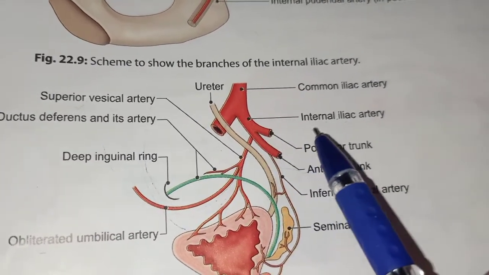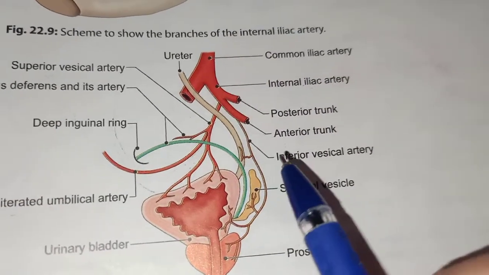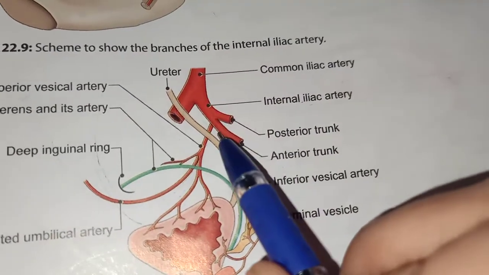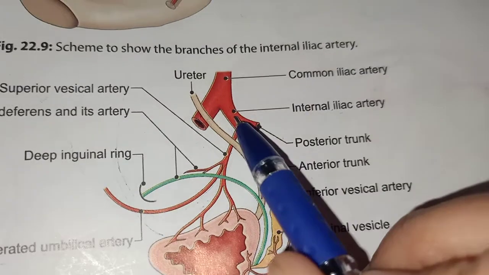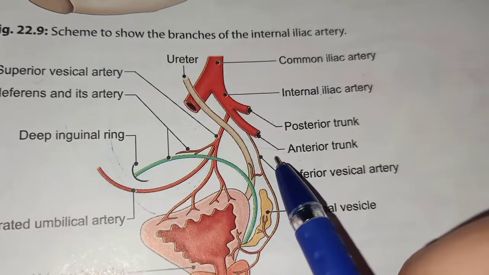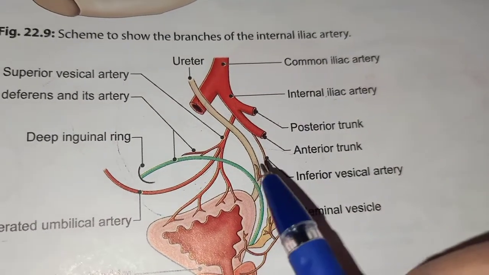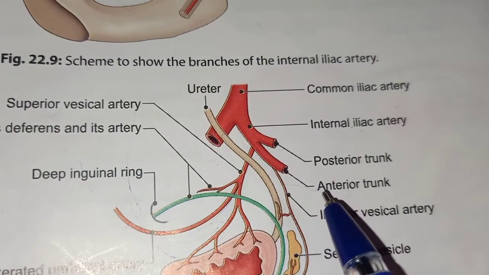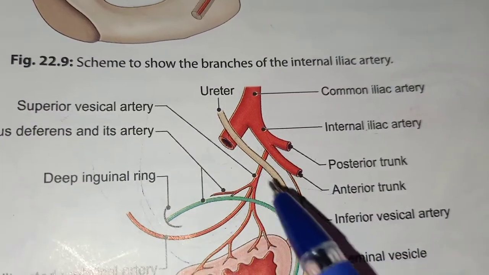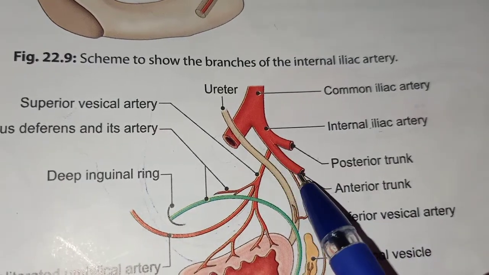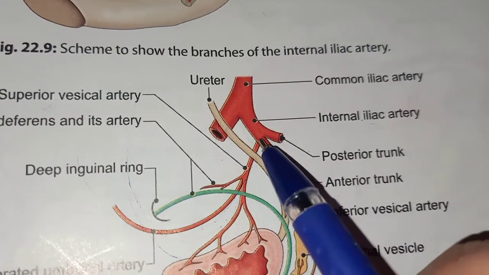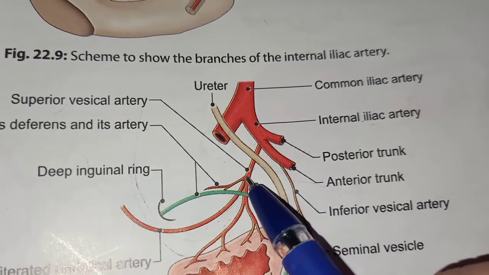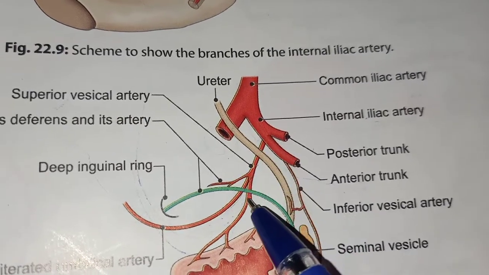Now, in the internal iliac artery, this is the anterior trunk and this is the posterior trunk, and from the anterior trunk arises one artery, the superior vesical artery. You can see here, this is the anterior trunk, and from here arises the superior vesical artery.